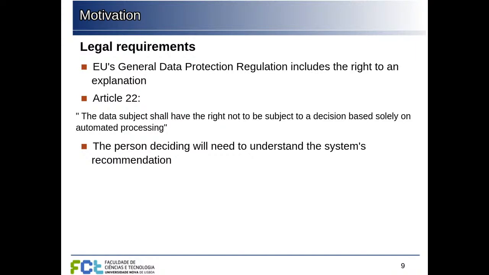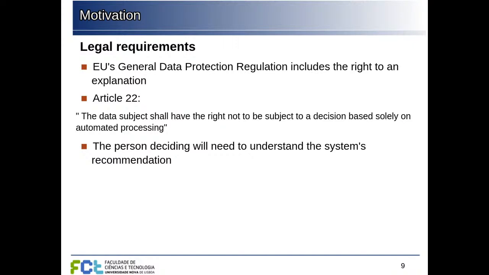So if the bank is using some deep neural network to evaluate your request and your financial situation and recommend denying you credit, there must be some way for them to interpret what the network is doing and explain to you why that decision is taken.